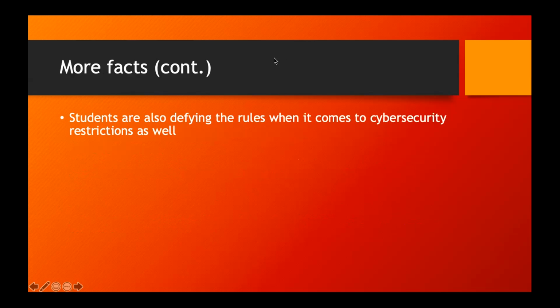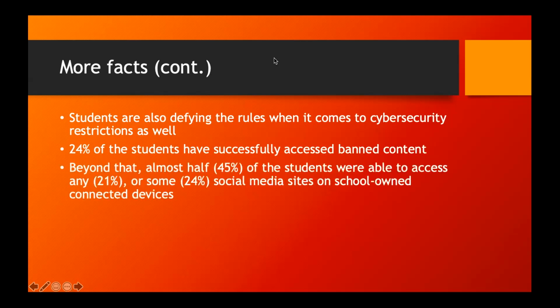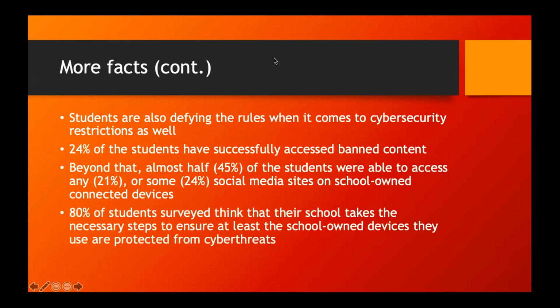A lot of students are finding ways to hack into networks because a lot of school networks are very weak, and IT administrators don't have the budget to secure them. 24% of students are able to hack into the networks of their school, and 45% of students can access any kind of data.